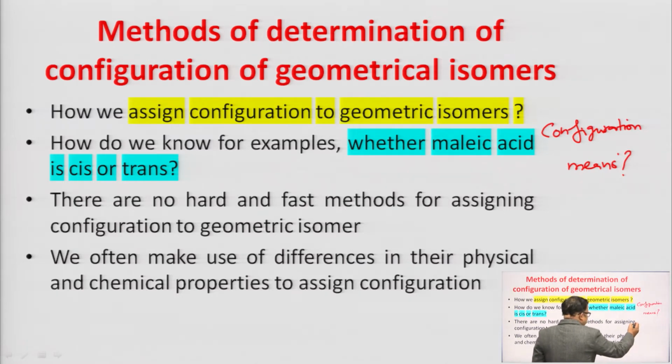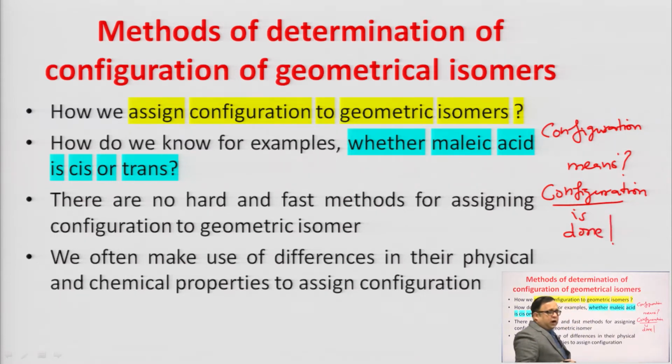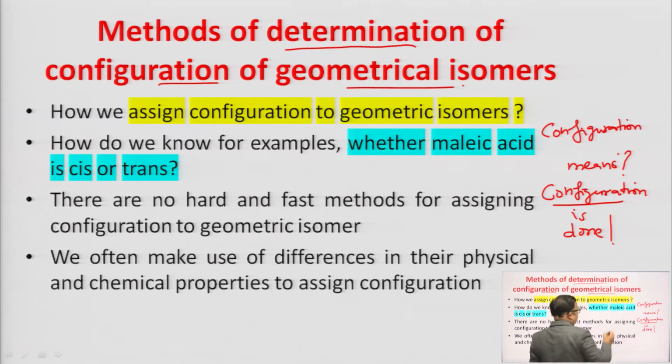We are well aware of how the configuration of geometrical isomers is assigned. Now, after assigning this geometrical configuration, the concern is how to determine the configuration of geometrical isomers. It means how we assign configuration to geometric isomers.